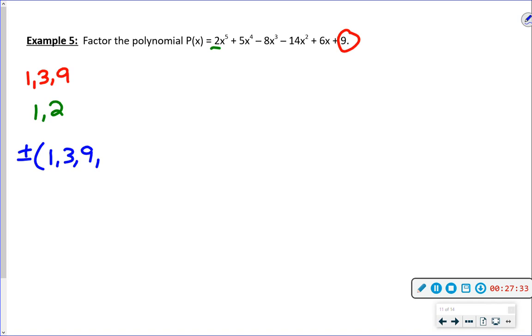Oh, good, a lot of fractions. I'm real excited about that. 1 over 2, 3 over 2, 9 over 2. So we need 5 answers, and I have 12 possibilities. I don't know about you, but I don't feel very good about that.